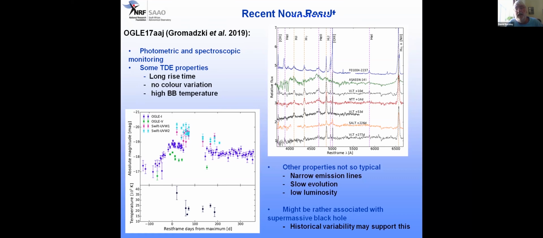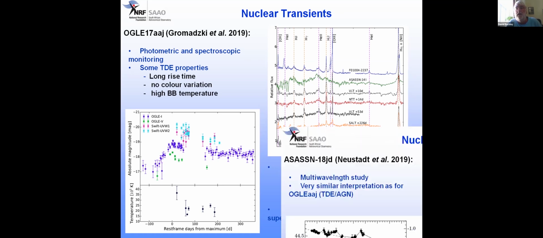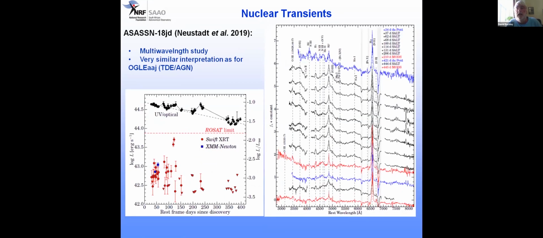But nonetheless, this is an example that shows how you can combine information from different telescopes. You can see the SALT spectrum here, and other telescopes contributed to the spectra here as well. So this is an example of some of the work done by our other colleagues. And this is another one, similar to the previous study.